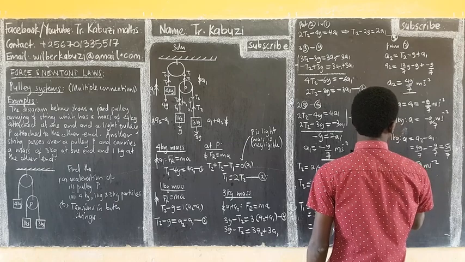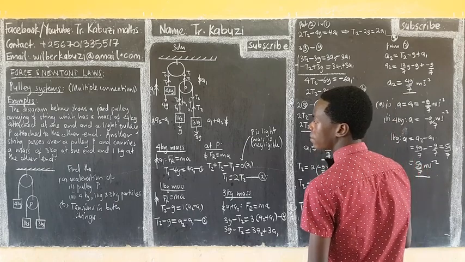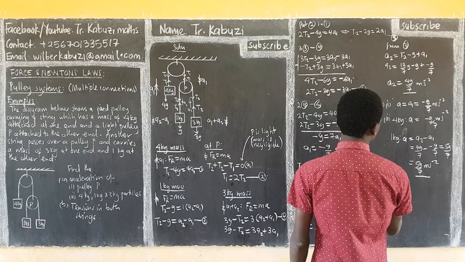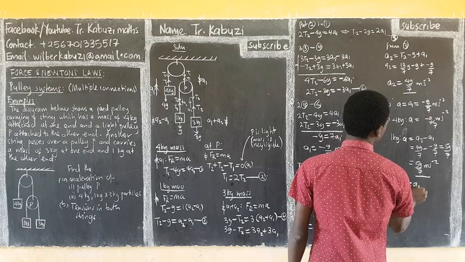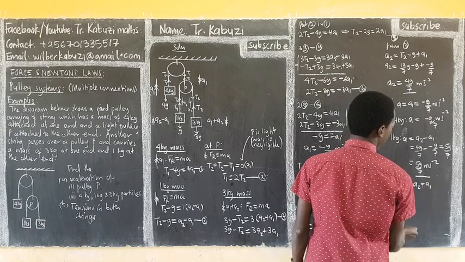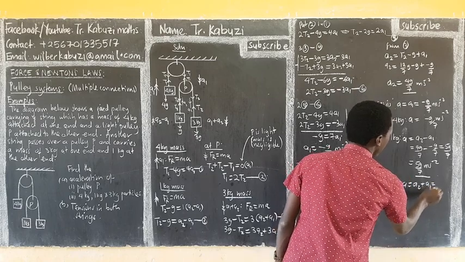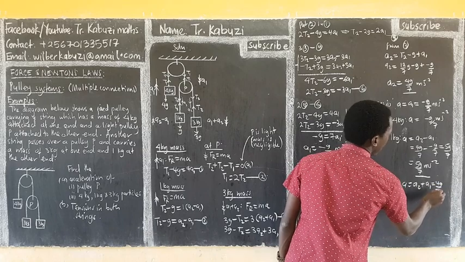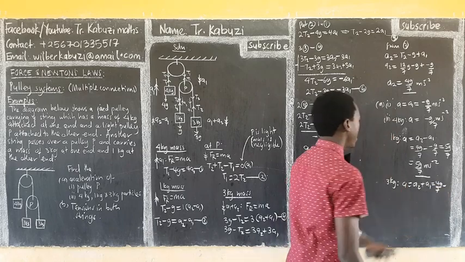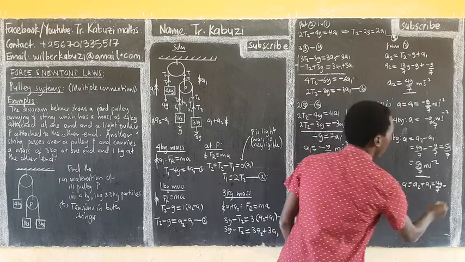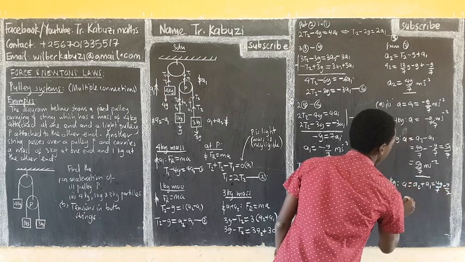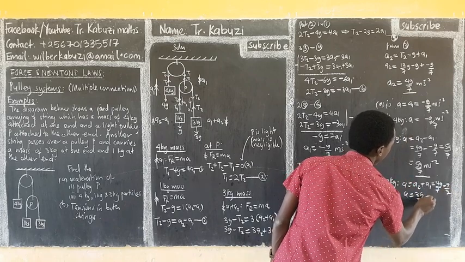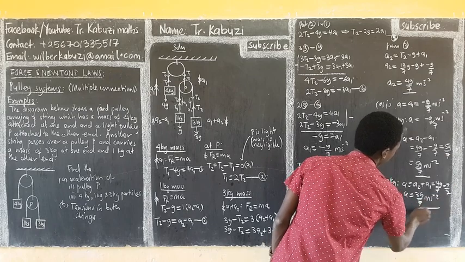You put in your b. Then when you come to the 3 kilogram mass, our acceleration is A2 plus A1. Our A2 is 4b over 7, then A1 is minus b over 7. So our acceleration here is going to be 3b over 7 meters per second squared.